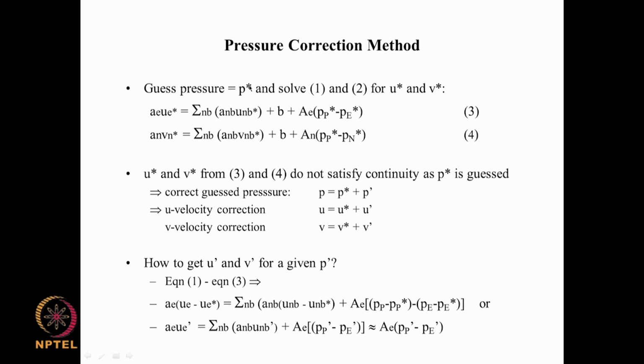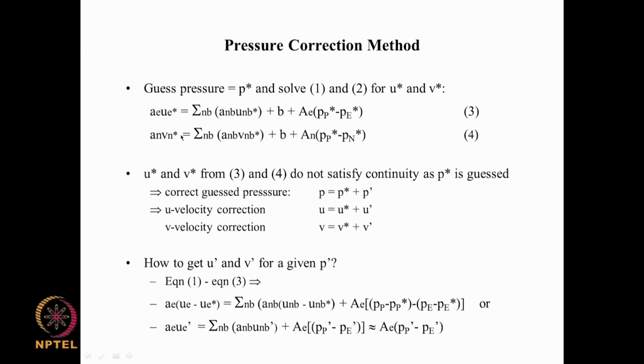So once we assume pressure at every grid point ij, then we can get a velocity at every grid point I plus half j and every grid point ij plus half for the two velocity components here.